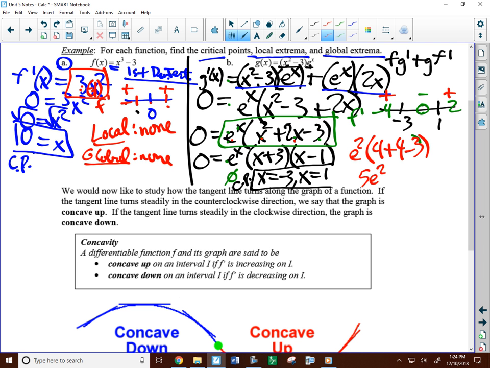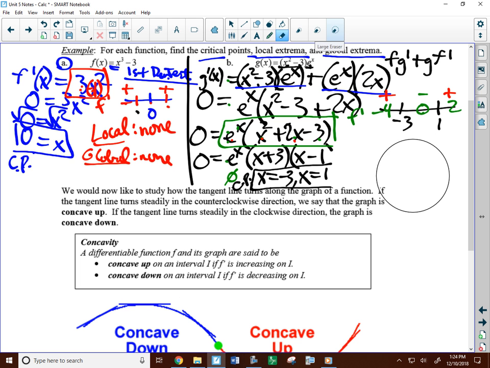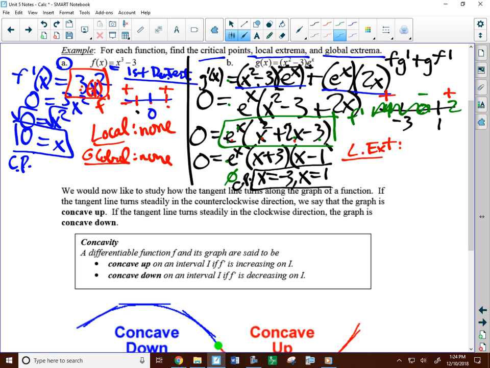Okay, and so now we can basically write down the local extrema. Something I forgot here: I'm crossing off my test points, otherwise students will say it's between -4 and 0. Well, no, they're just test points. The actual critical points are at -3 and 1.